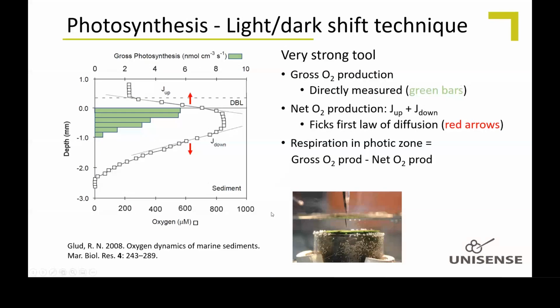Yes, that's correct. And then how do you integrate that to get the area rates? Which depth do you start at in this profile? Do you go in the mat just below the surface and start measuring?